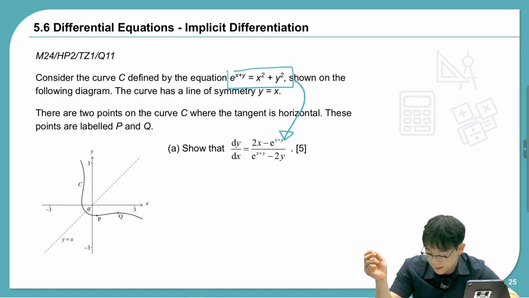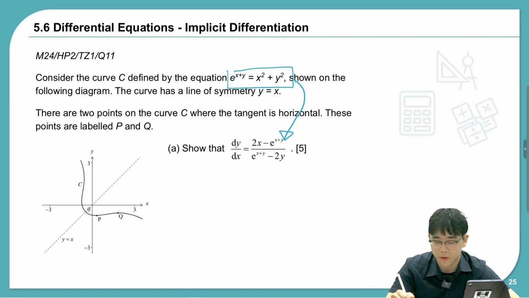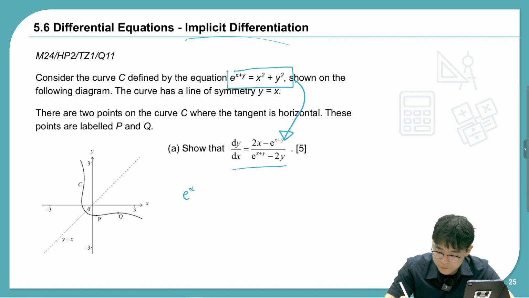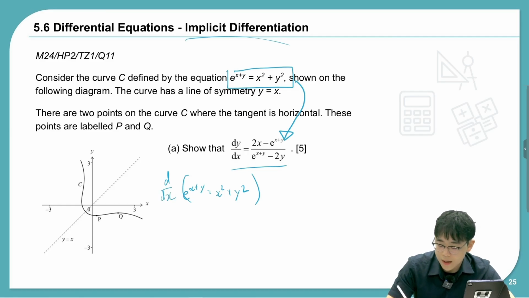What part A is asking is to simply show that dy over dx is this expression, and we're going to use implicit differentiation. So if we have e to the power of x plus y is x squared plus y squared, and we want to differentiate this with respect to x, we're going to get e to the power of x plus y, and then x plus y prime as chain rule, and then we get 2x plus 2y times dy over dx.